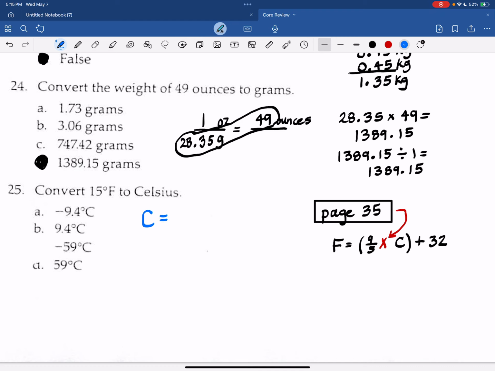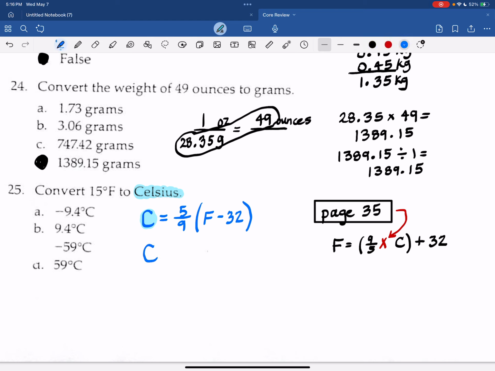So we want to know C equals 5/9 times Fahrenheit minus 32. And you might be saying, how do I know which of these I need? You are looking for Celsius, so you want to have C out here. You could do it with this one, but it's going to involve some algebra. So I'm going to do it with this one, and here's how you would work it.